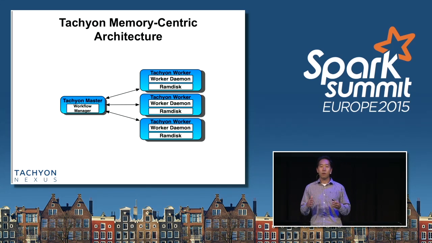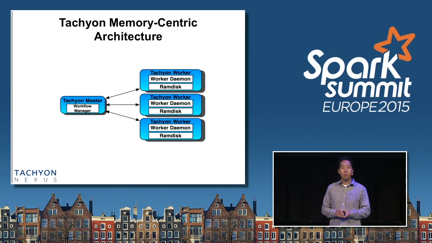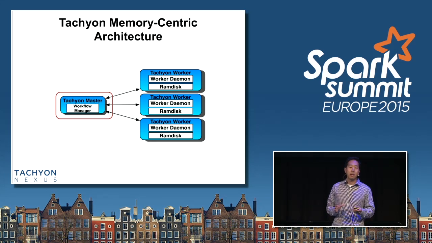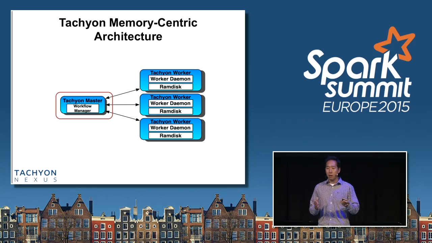So here's a high-level view of Tachyon and its architecture. It's a distributed system made up of many nodes. There's a Tachyon master that handles the metadata for the other nodes in the system, as well as the metadata for your data, which is organized in a file system manner.